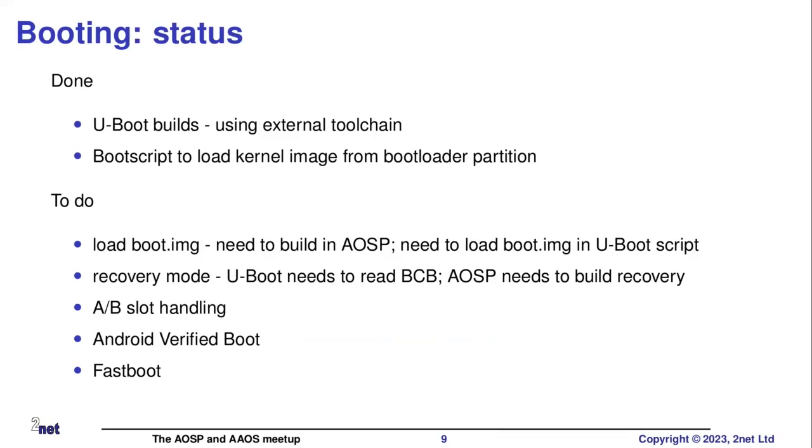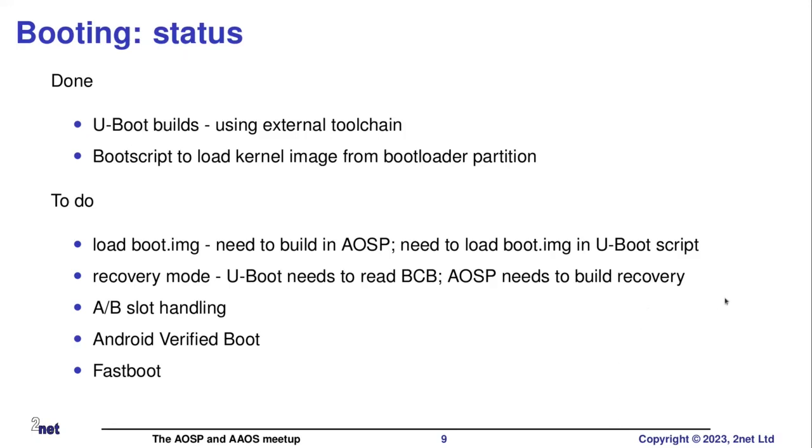And I've thrown together a simple little U-Boot boot script, which will load an image and a RAM disk, I should say, from the bootloader partition. There's still a lot more stuff to do here. The first few bits are fairly straightforward. So to get it to use the boot image instead of just loading individual files from the bootloader partition is pretty simple.